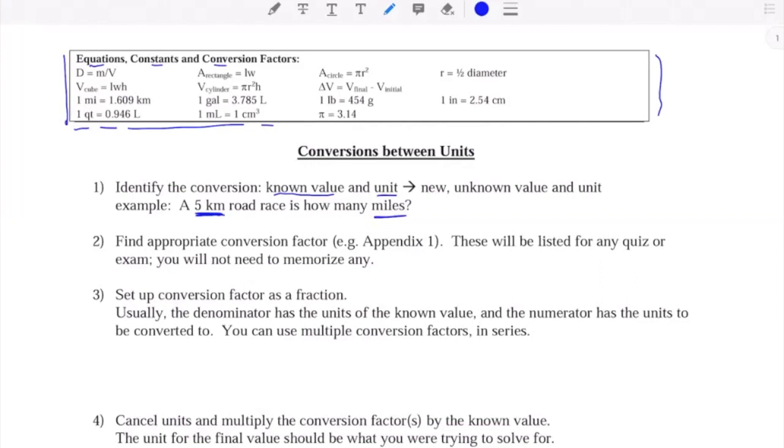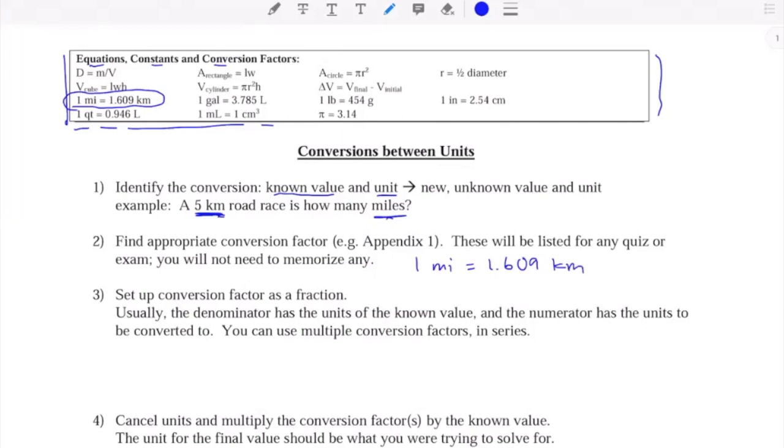Okay, so first we want to find a conversion factor that has both kilometers and miles. I see a bunch up here: gallons, liters, pounds, and grams, but this one looks like the best option. 1 mile equals 1.609 km.